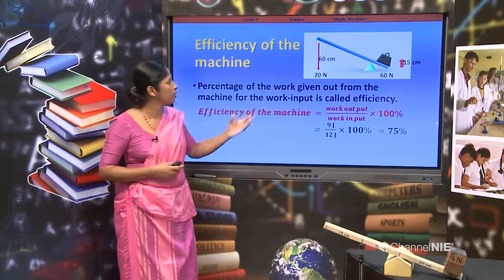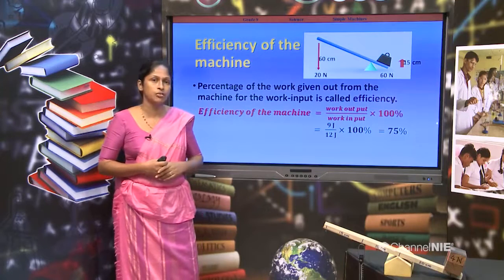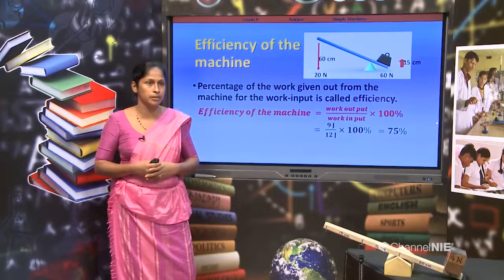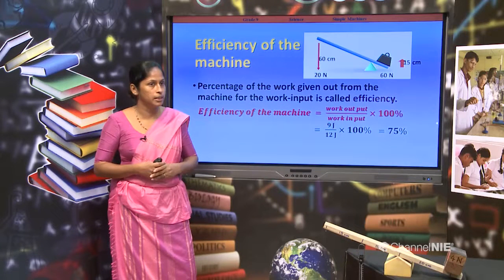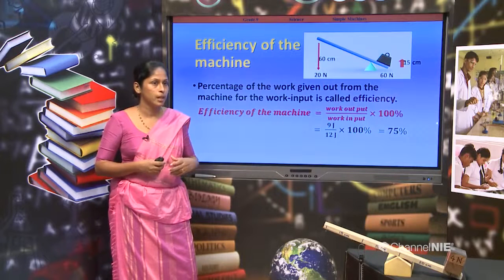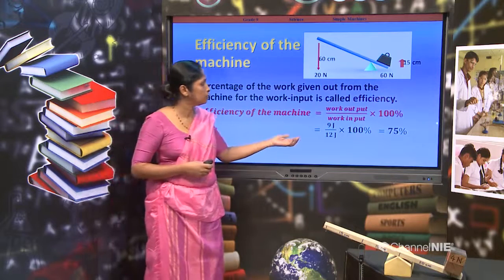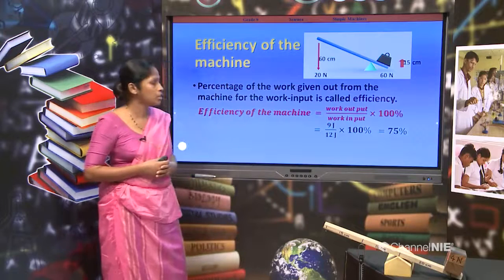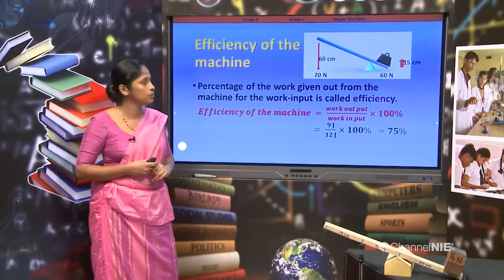Why we can't increase the efficiency of this machine to 100%? Normally, practically, frictional force is exerted, and due to that the efficiency cannot be increased up to 100.